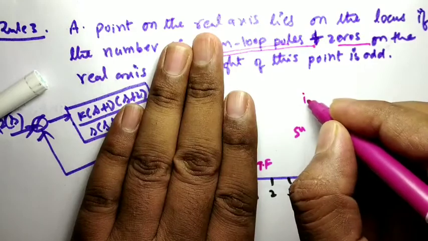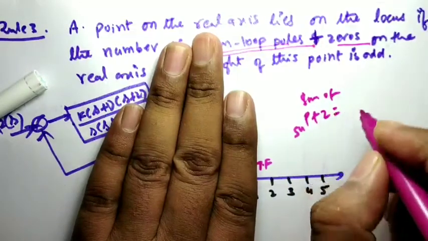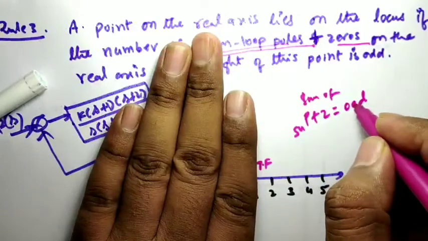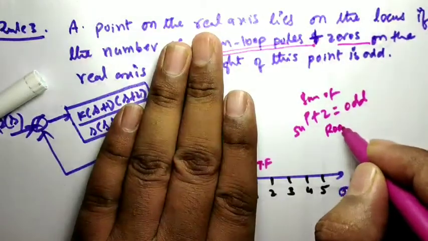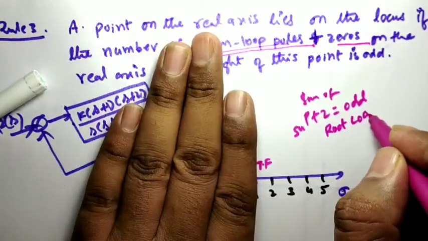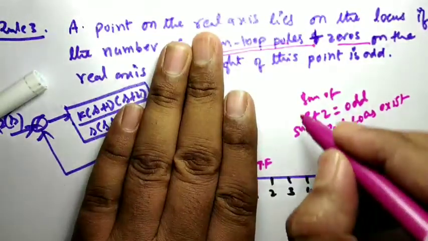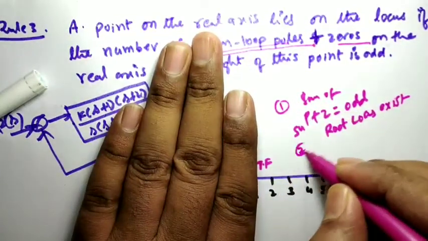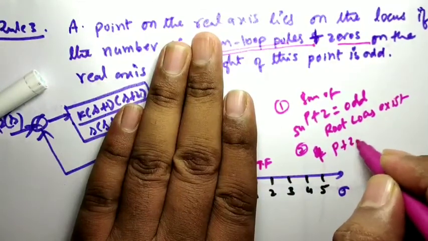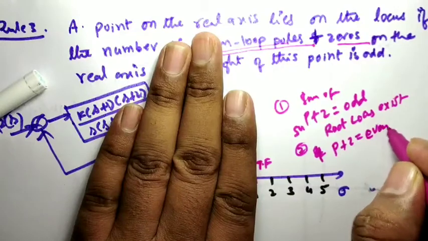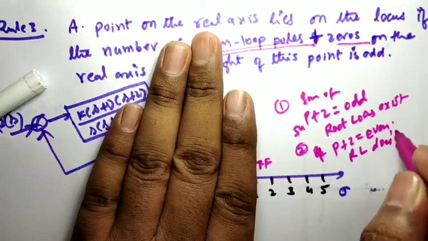So if the sum of poles and zeros is an odd number, the root locus will exist. If the sum of poles and zeros is an even number, the root locus does not exist.